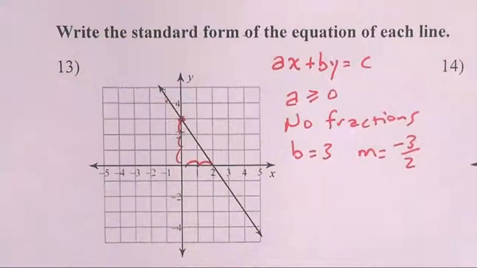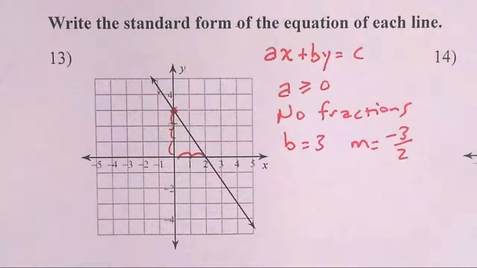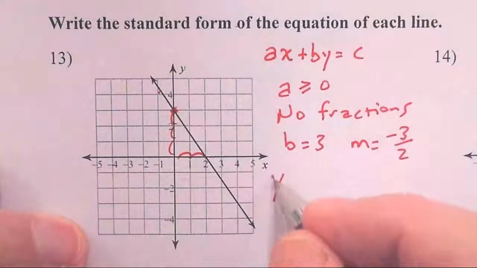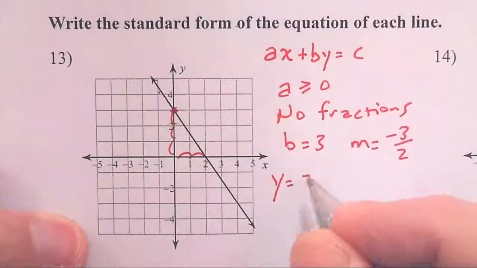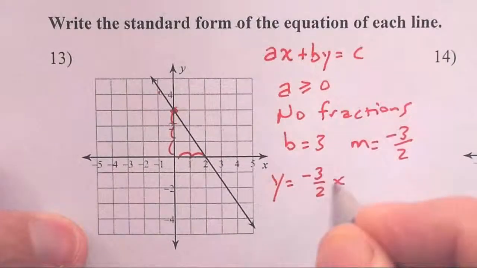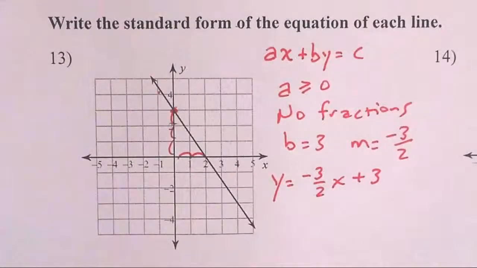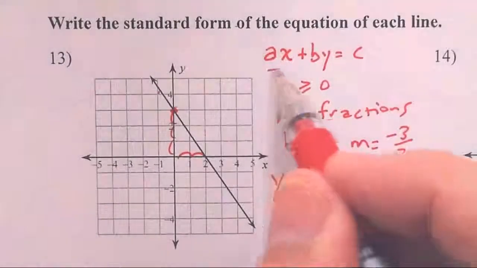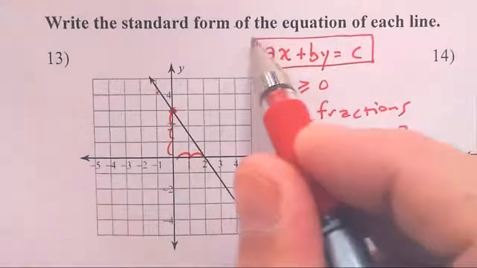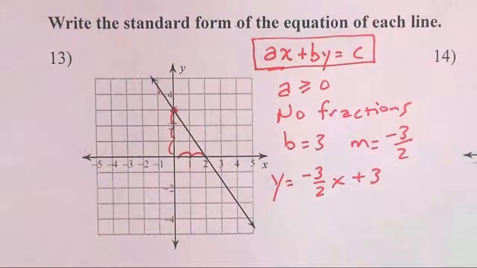So I can get an equation of the line right now in slope-intercept form. So I have y equals m x plus 3. So that's great, and that would be wonderful if I just needed an equation of a line, but I'm supposed to be going for standard form.